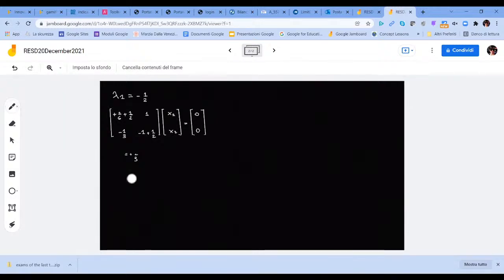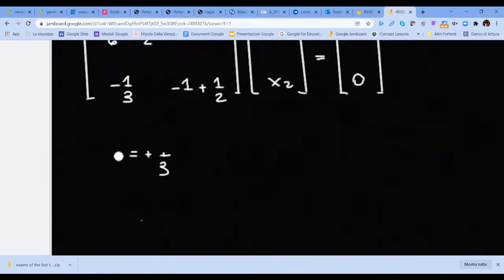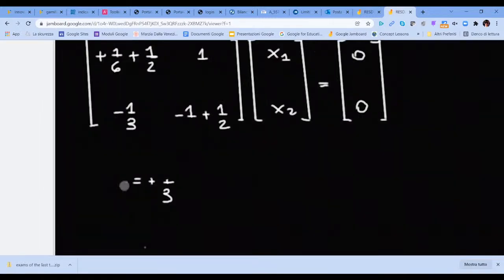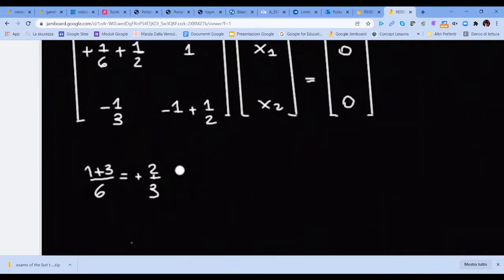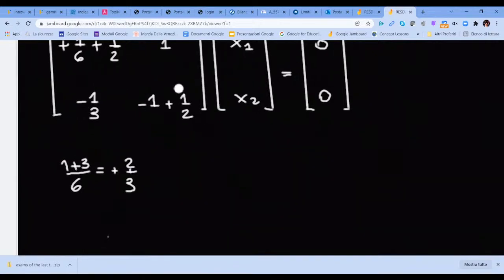So one has only to remember which is the first one and what we are subtracting. So it is 1 plus 3, it is 4/6, and this is plus 2/3. And this one, it is minus 1 plus 1/2, it is minus 1/2.